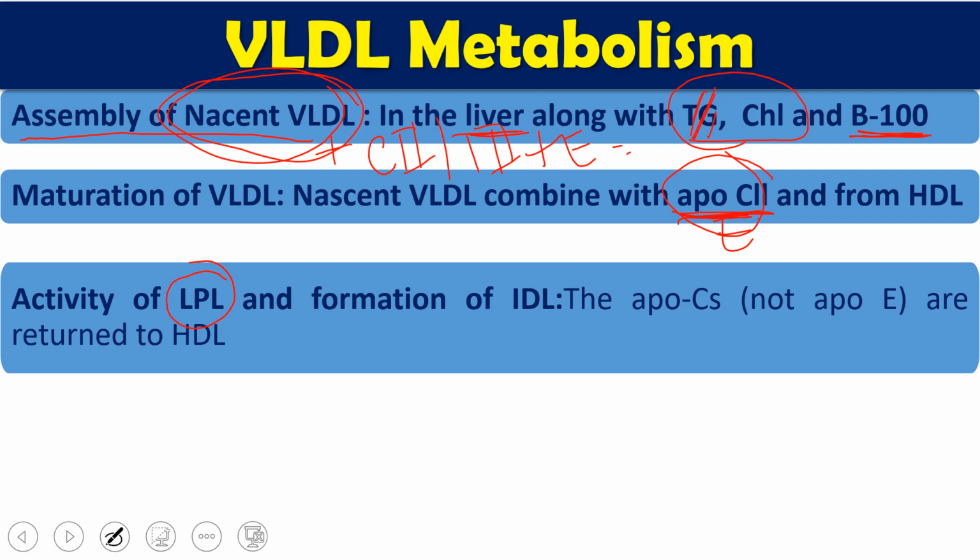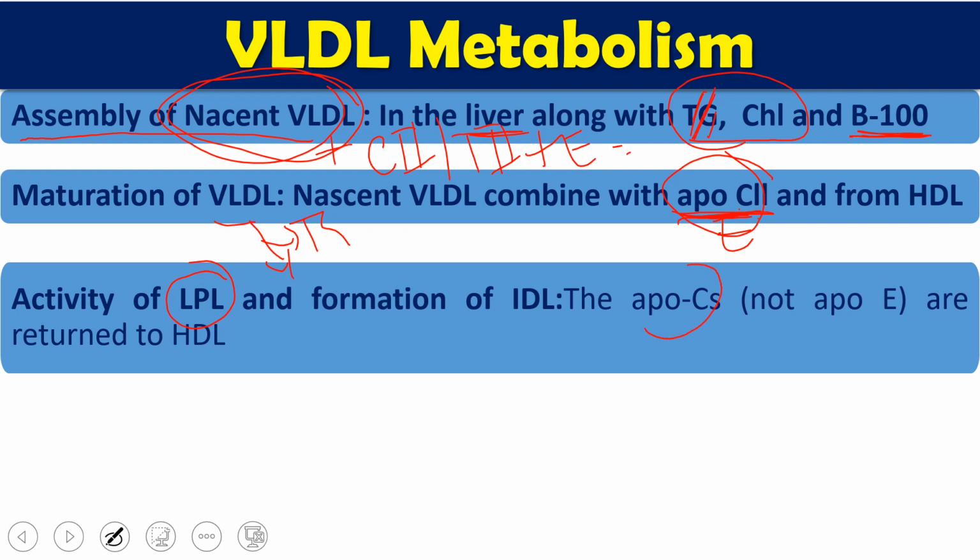So triglyceride will be metabolized and converted into free fatty acids plus glycerol. Free fatty acid goes to the tissue and glycerol goes back to the liver. So now this is mature VLDL minus some TG, and once this metabolic process occurs, C2 has finished its work. Now this C2 will go back to the HDL.